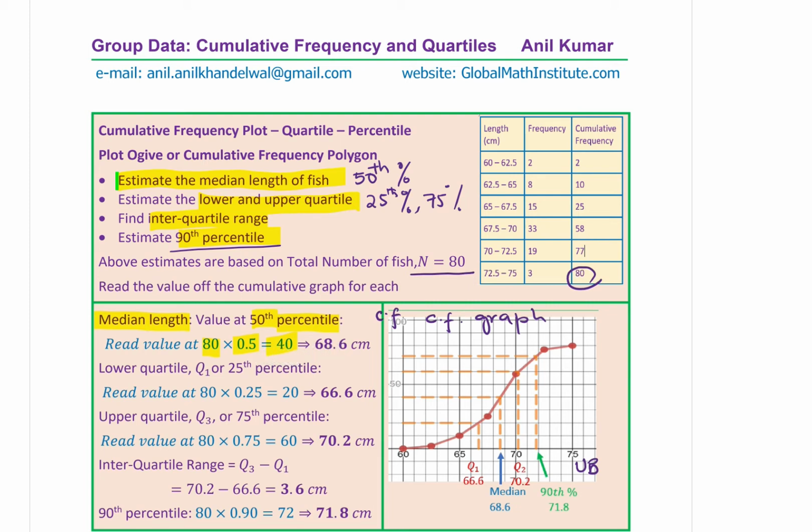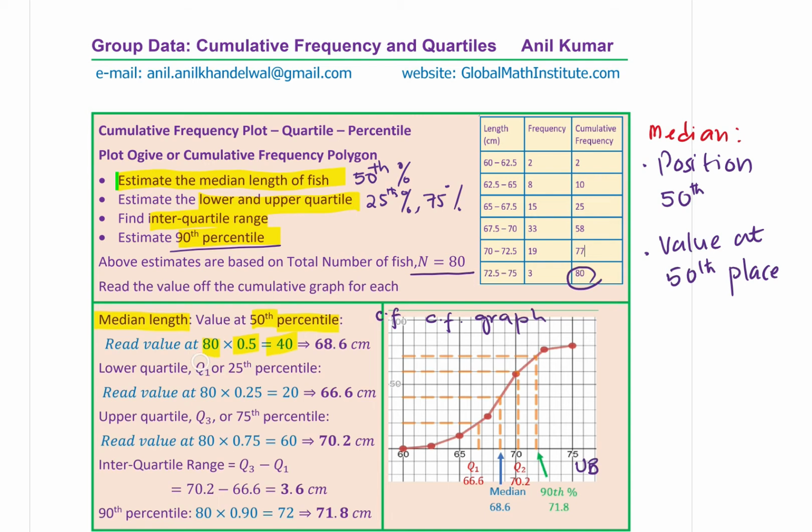So let's try to understand the term median. To find the median, we have to follow these steps. First, we need to find the position. The position should be the 50th percentile, and then we need to find the value at that position. That gives you the median.